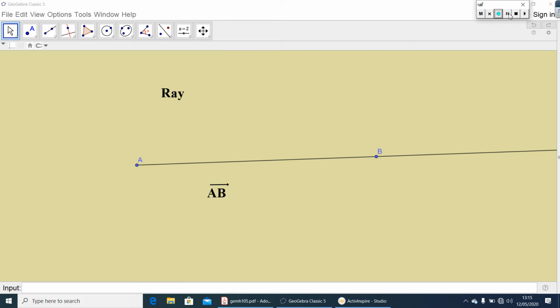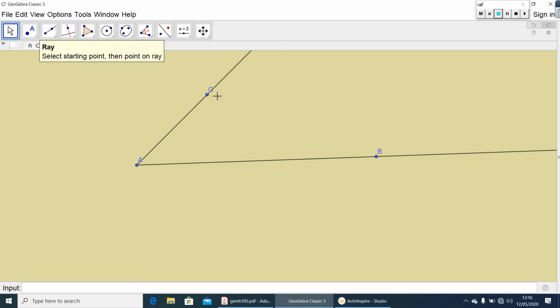Now let me take one more ray. Now these two rays have a common endpoint. Here A is the common endpoint. This figure we can call an angle. This common endpoint is called the vertex of the angle and the two rays we can call arms or sides.